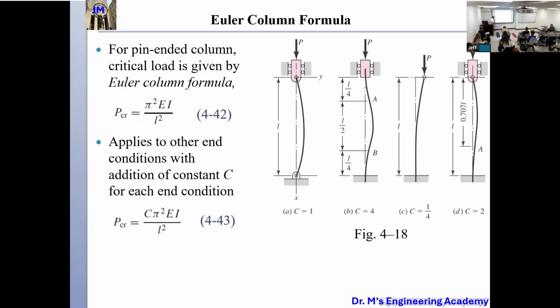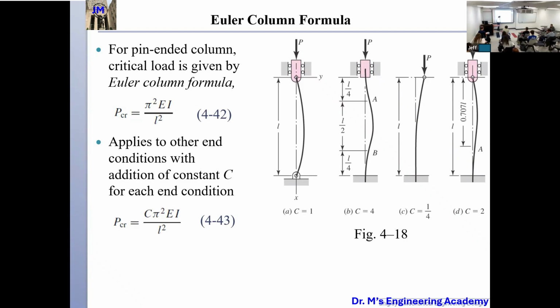We want to accommodate all four case scenarios using one equation. So you can see PCR equals C times pi squared EI over L squared. That is PCR for the first case, so C equals 1.